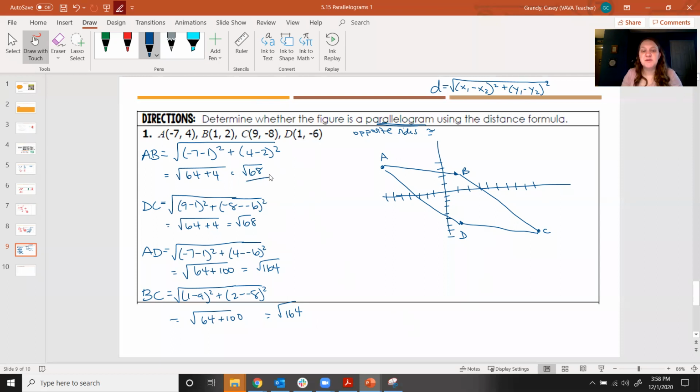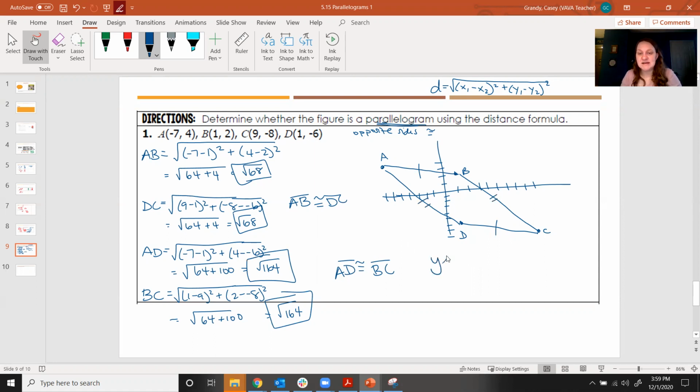So because they are both the square root of 68, I'm allowed to say that AB is congruent to DC. And in AD and BC, I didn't simplify those radicals either, but even if I did, it wouldn't make them any less congruent. So you're welcome to simplify them if you would like, but we're just trying to prove they're congruent. So since they are, I can say that AD is congruent to BC. They're the same length.